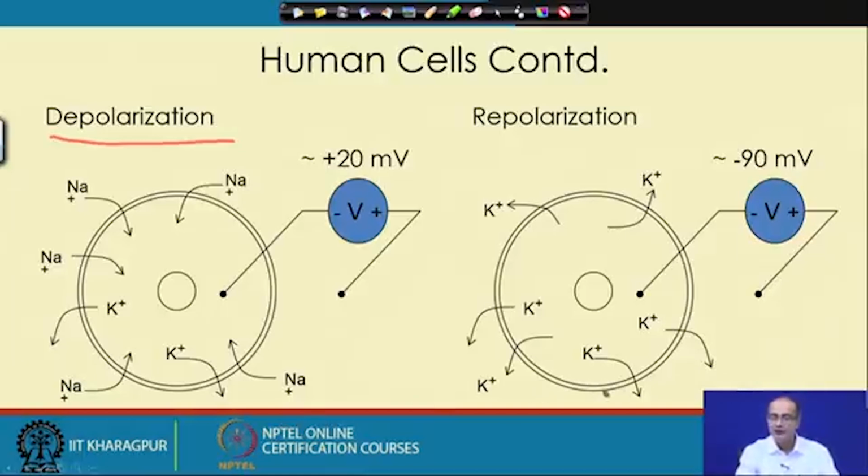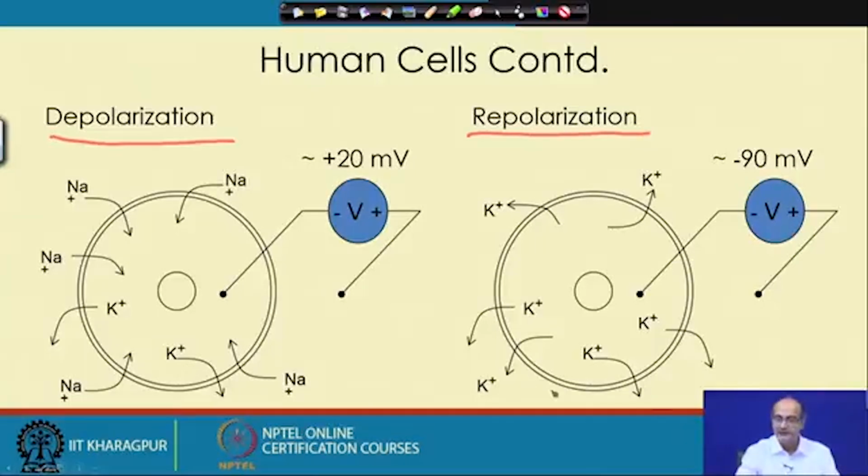It allows only the potassium ions to get out of the cell. As they leave the cell boundary, the potential inside the cell starts dropping, and it can go as low as minus 90 millivolt. This next process is called repolarization.